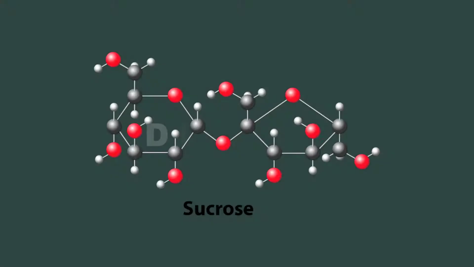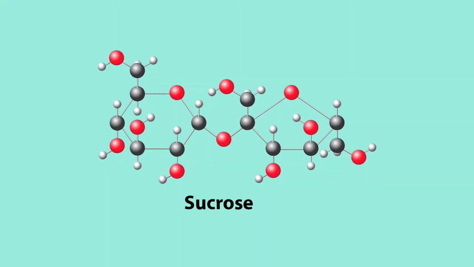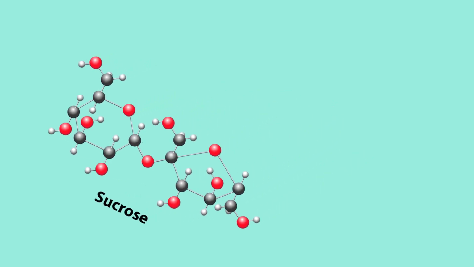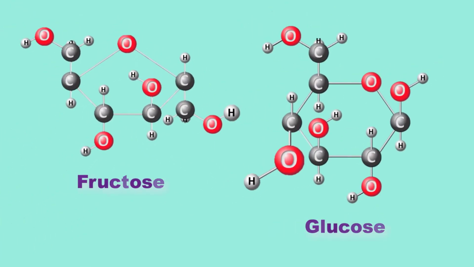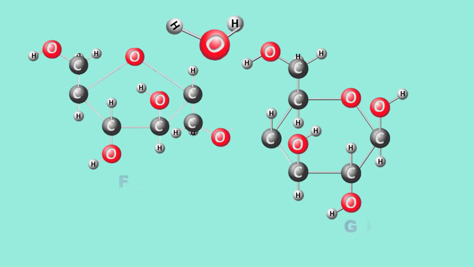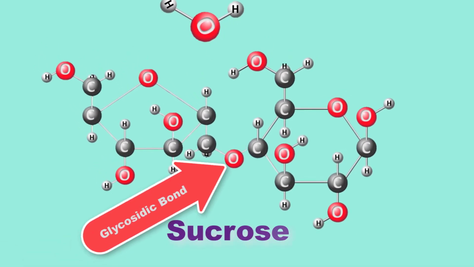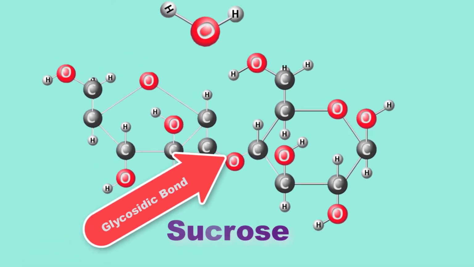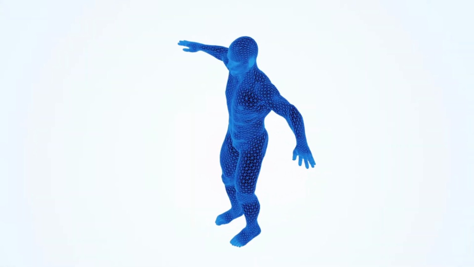Disaccharides. A disaccharide is a pair of monosaccharides. Disaccharides are formed via dehydration synthesis, and the bond linking them is referred to as a glycosidic bond. 3 disaccharides are important to humans.